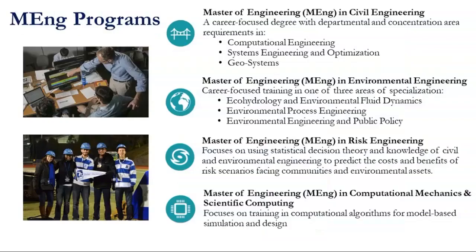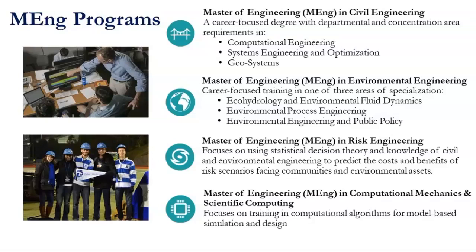We offer 4 basic tracks within the MEng programs, or 4 degree options. They include civil engineering identified at the top, which includes aspects of computational engineering, systems engineering, geosystems, structures, and so forth. We have a Master's of Engineering in Environmental Engineering, including aspects of ecohydrology, environmental fluid dynamics, environmental process engineering, and environmental engineering and public policy.